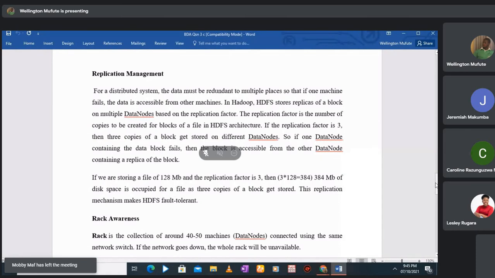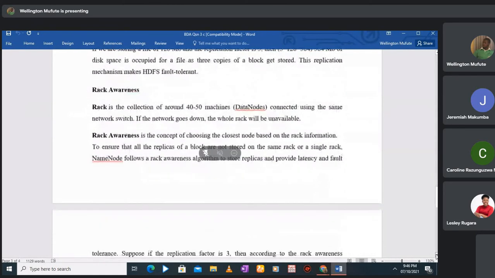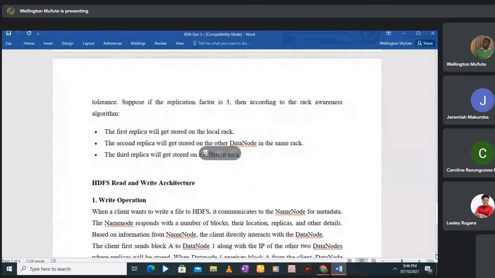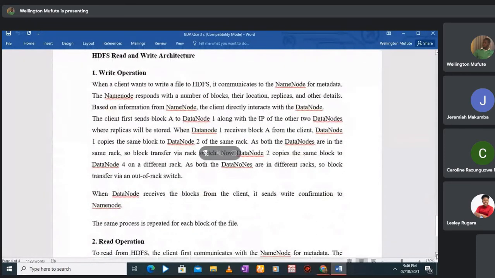So I think I'll just quickly skip to the HDFS read and write architecture, where the write operation: when a client wants to write a file to the HDFS, it communicates to the name node for metadata.